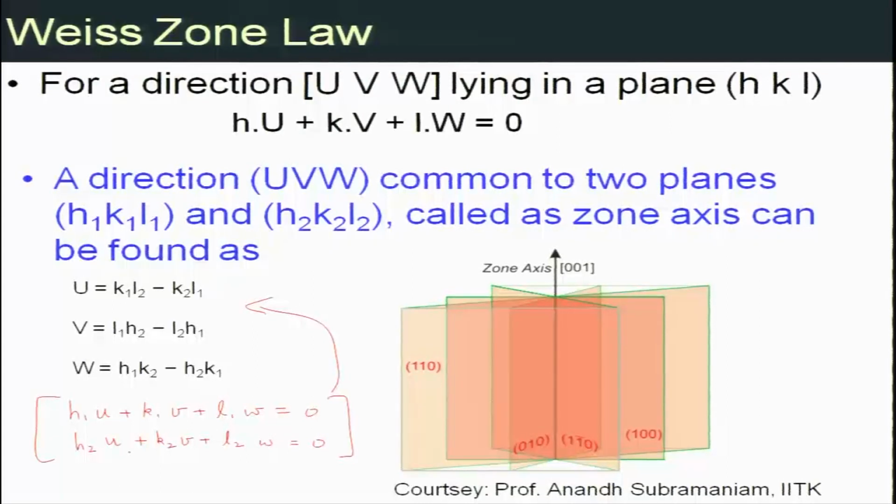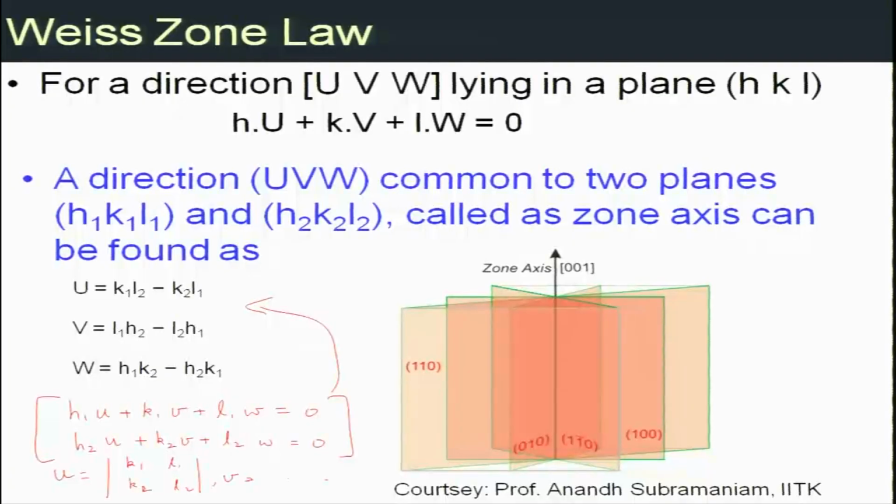U will be equal to, basically you can write, K1 K2, L1 L2 and so on and so forth. You can write an expression for V and for W in the matrix form. So U is equal to this, V will be equal to minus of H1 H2, L1 L2.